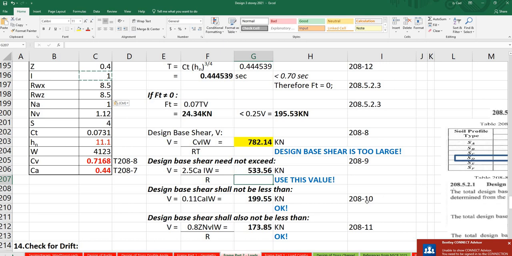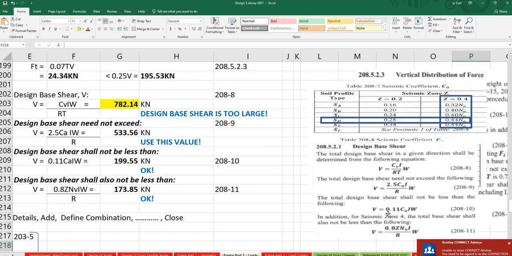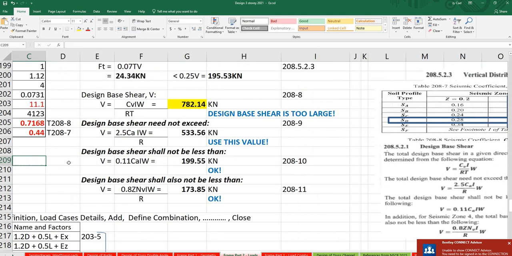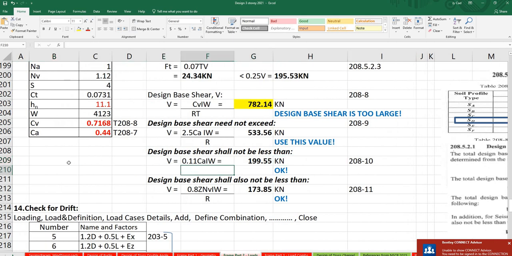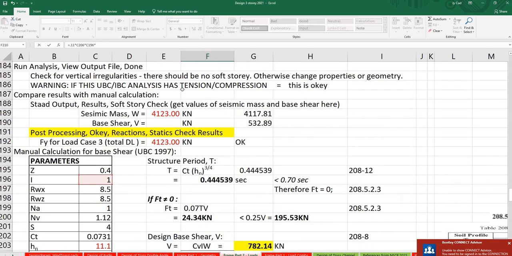Then, let's go to equation 208-10. So that is 0.11 Ca I W. So that is 0.11 times Ca times I times the weight.